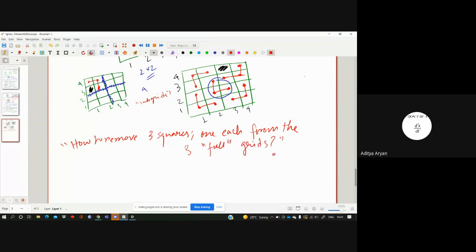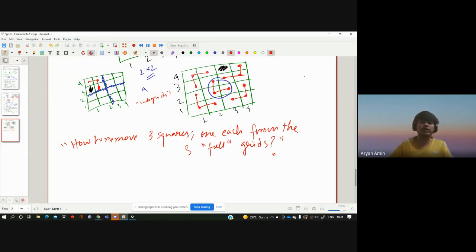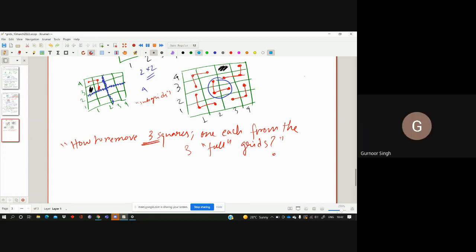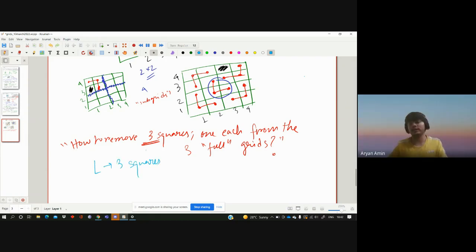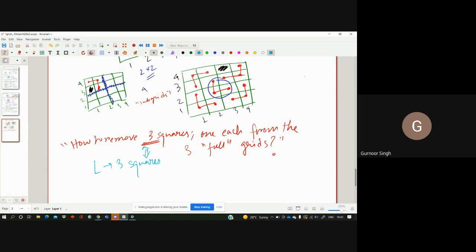Yes. Okay, so you can now make these subgrids as 2 cross 2 minus 1 cell. So you have 3 squares, right? And the L tromino also has 3 squares. So does that give you a hint? Yes. Okay.